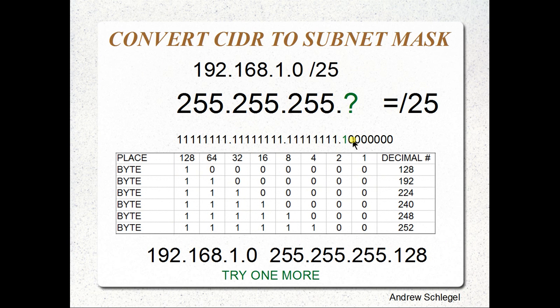Well, first of all, if you looked at this byte and it's 10000000, we know what the CIDR notation is, /25, but how do we get the subnet mask from the /25? Look at this byte. What's that binary number in decimal? Well, we already did it, right? 10000000 is a 128, so you put it here. So the subnet mask, this CIDR notation is equal to this subnet mask.